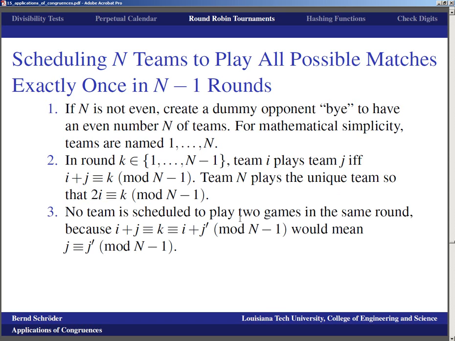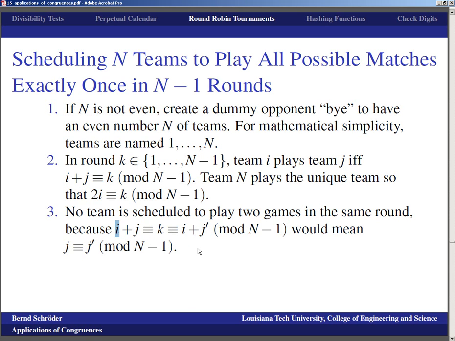So now no team is scheduled to play 2 teams in the same round, because if i plus j is equivalent to k, which is equivalent to i plus j prime, where j now could be i also, that being equivalent modulo n-1 would mean, because you can cancel the i, that j is equal to j prime modulo n-1. And so that means if team i were scheduled to play 2 games, it would have to be with team j and team j prime, or it could be scheduled to play as well as have a bye week in either week.